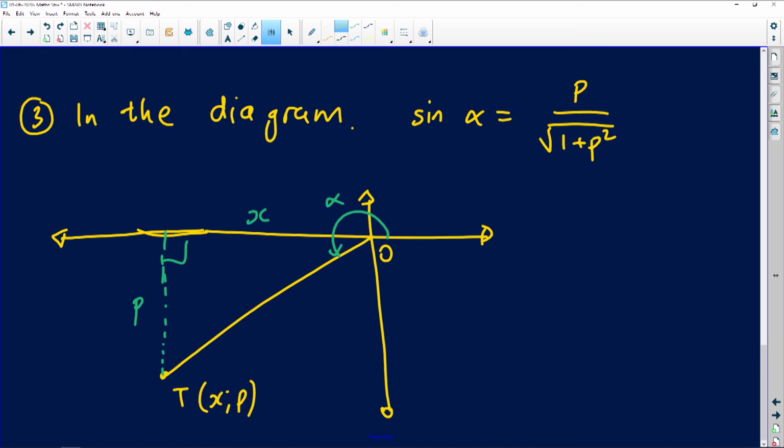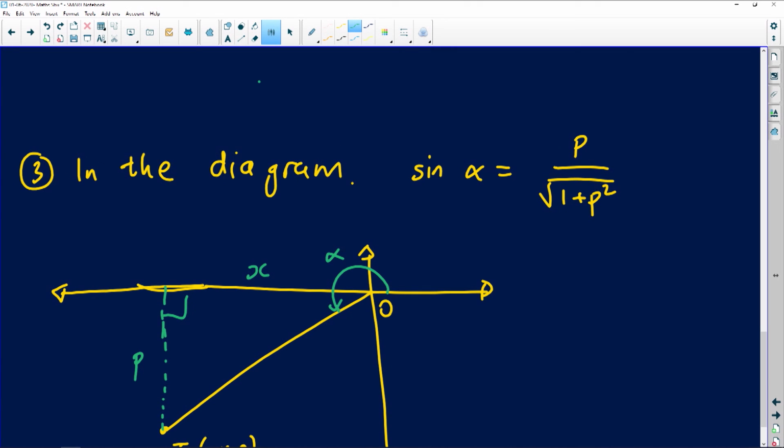From our knowledge of SOHCAHTOA, which is the actual definition of these trig ratios, sine is the opposite side divided by the hypotenuse side. So this would be the opposite side, and this would be the hypotenuse side, right?